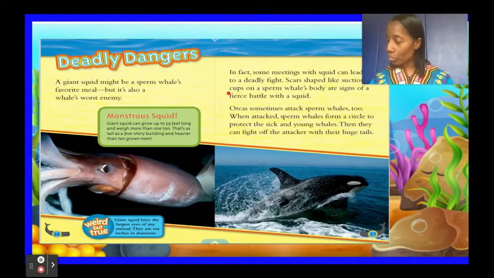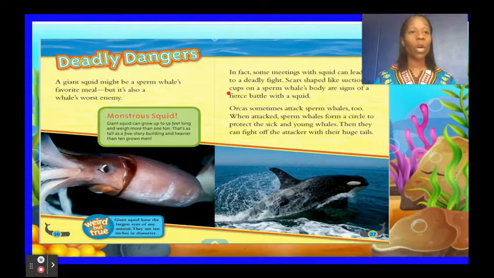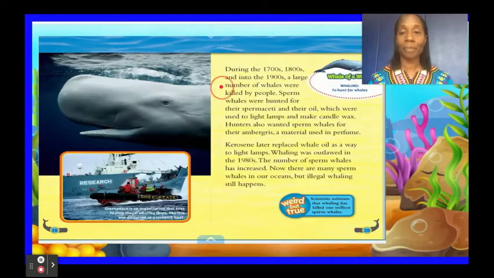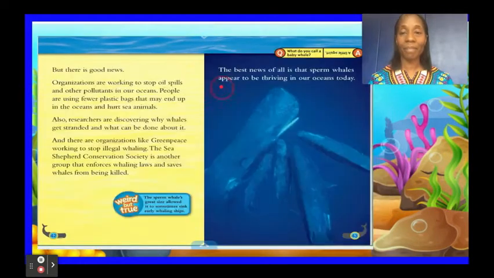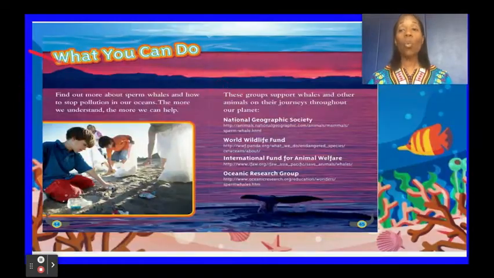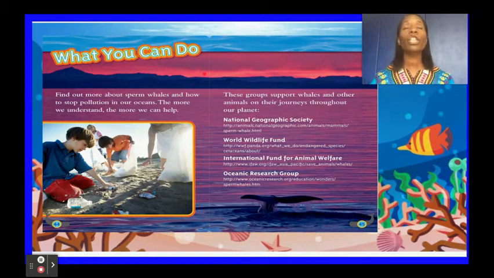So the next page that we're turning to is page 44. What can you do? The author titles it What Can You Do because we've learned by reading this text before that there were some people who wanted to harm whales. And so we want to protect whales. So what can we do?